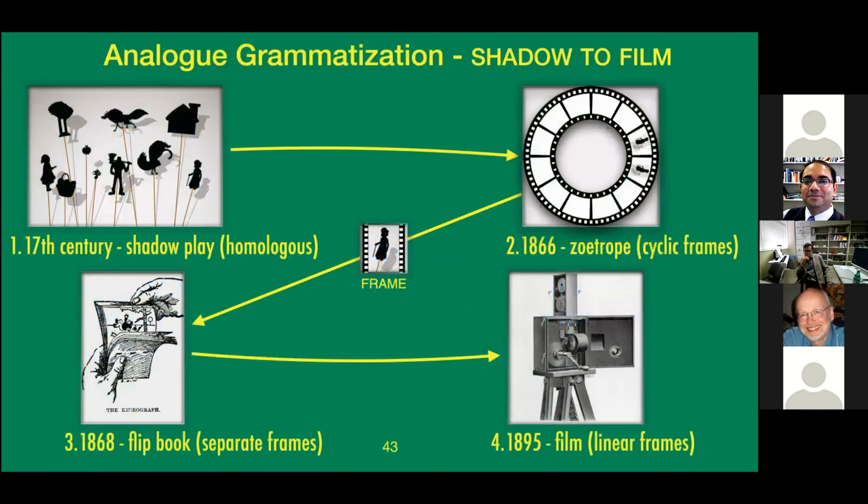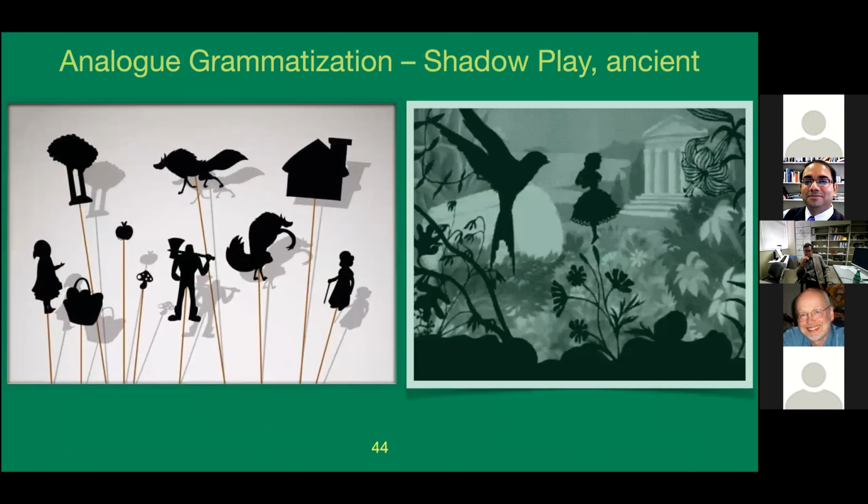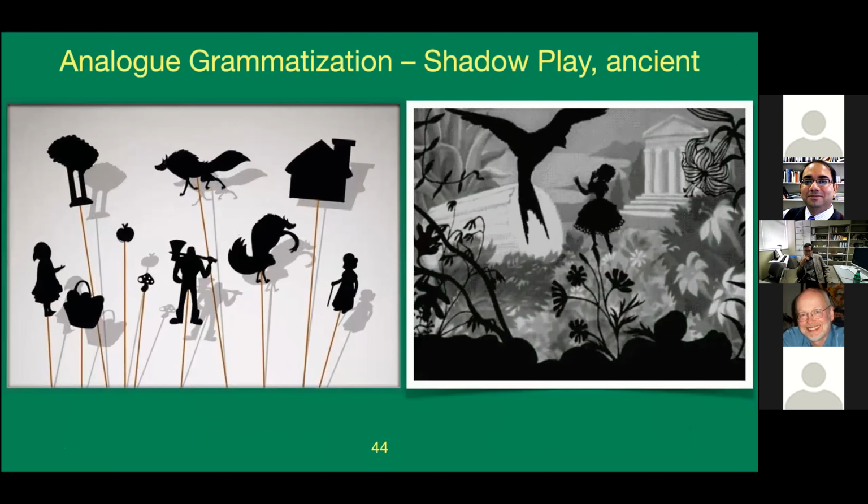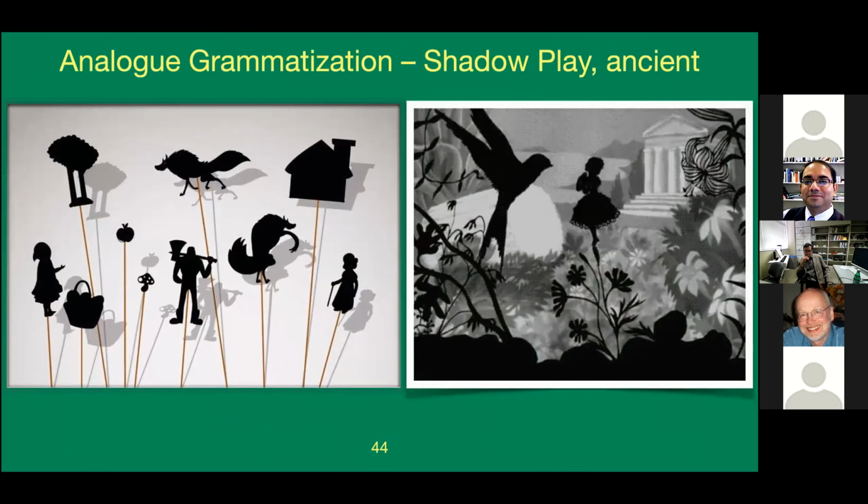This slide traces the transition from shadow play to cinema. Shadow play using puppets was known in ancient times and gradually evolved to projected slides or frames with rear projection of light onto a translucent sheet or screen.